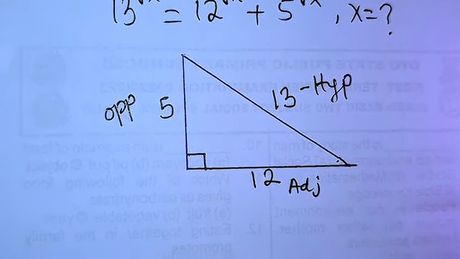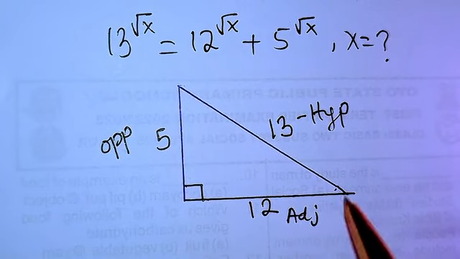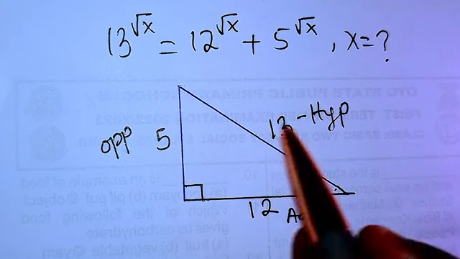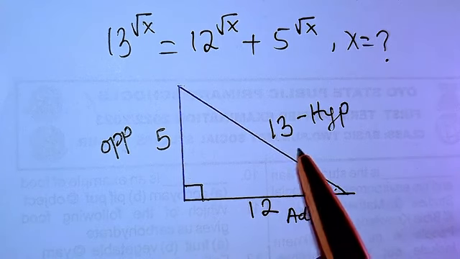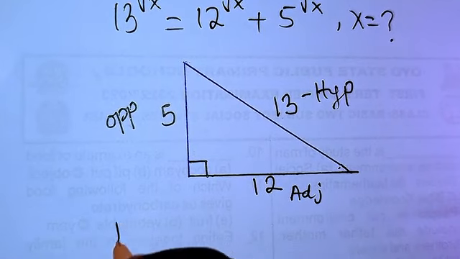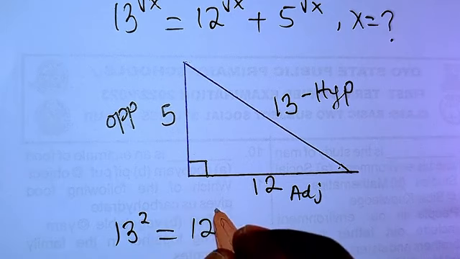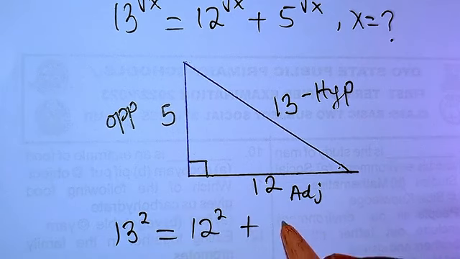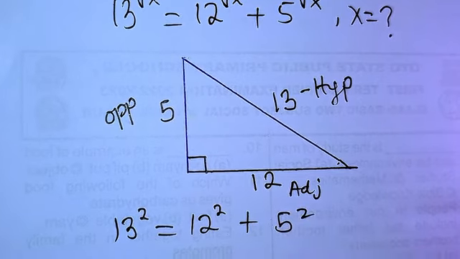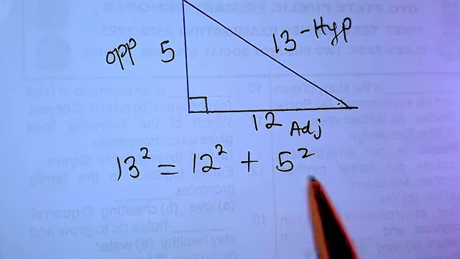So the relationship between these three, hypotenuse, adjacent, and opposite, is that 13 squared must equal 12 squared plus 5 squared. So we have 13 here, 12 here, and 5 here.